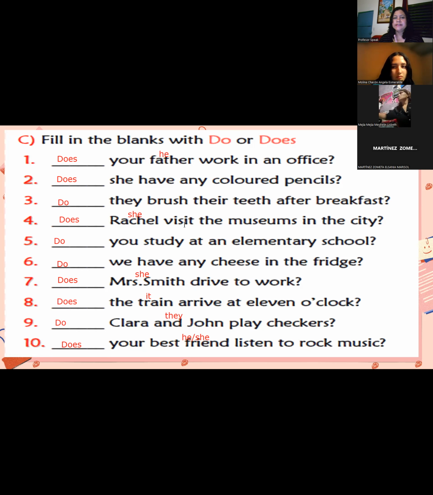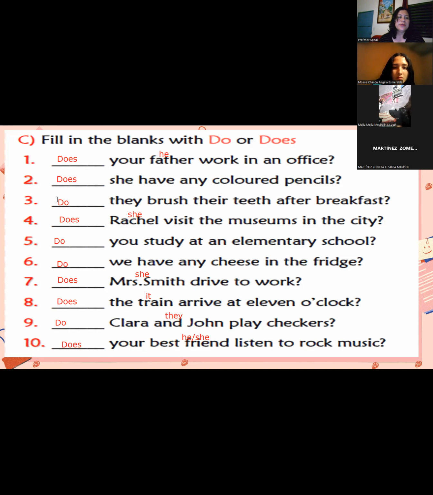You don't put S. You say, does she visit or does Rachel visit? The verb doesn't change, okay? Why it doesn't change? Because you're using the auxiliary. So every time that you use the auxiliary, do, does, don't, or doesn't, you don't change the verb, okay?